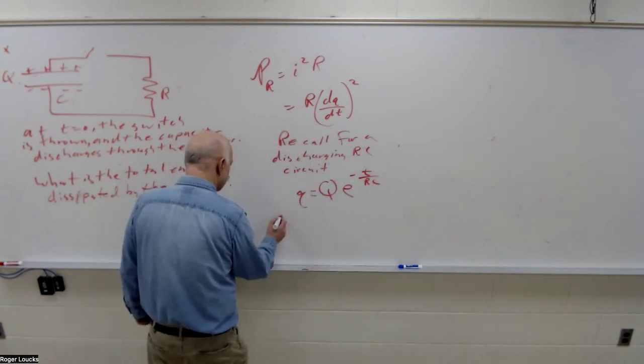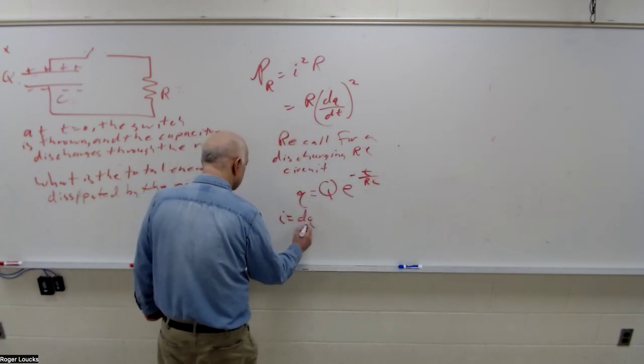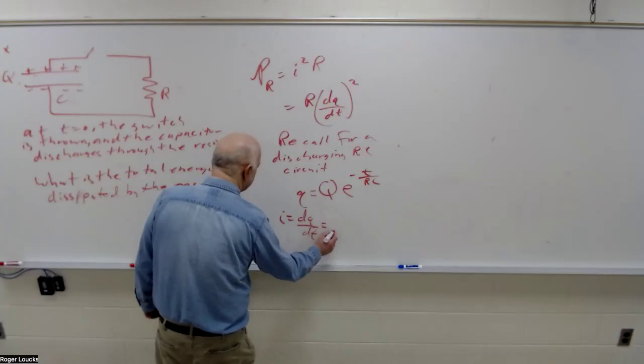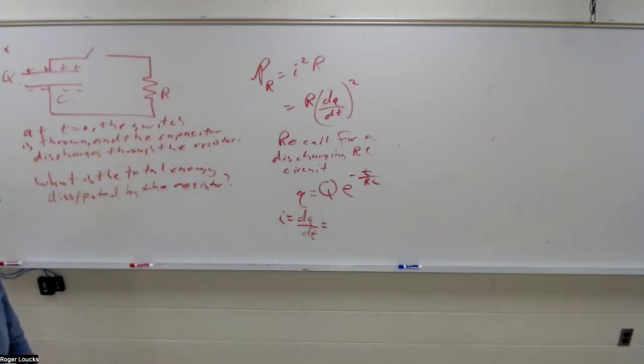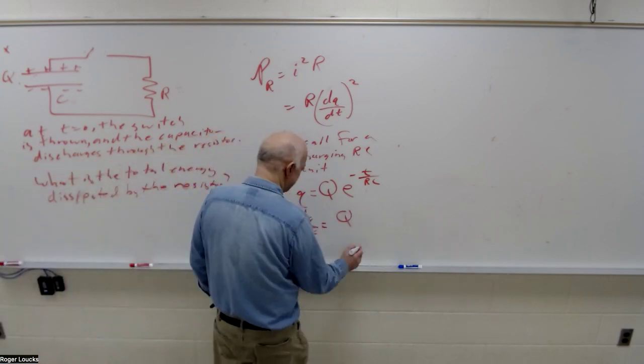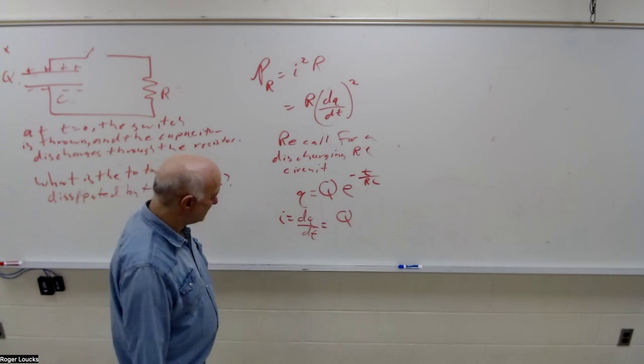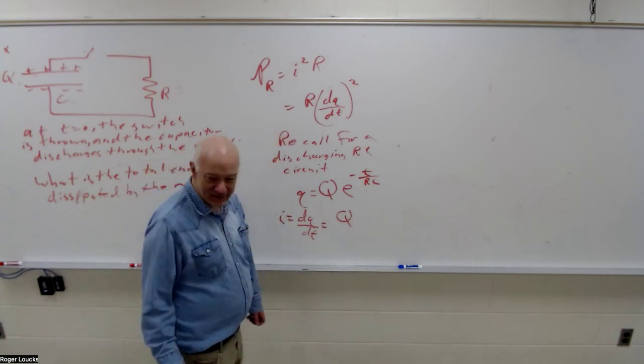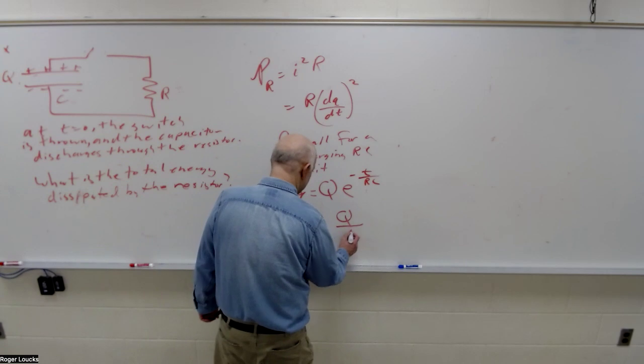So what's my current? It's dQ/dt. What's that equal? There's a Q over RC, e to the minus t over RC.